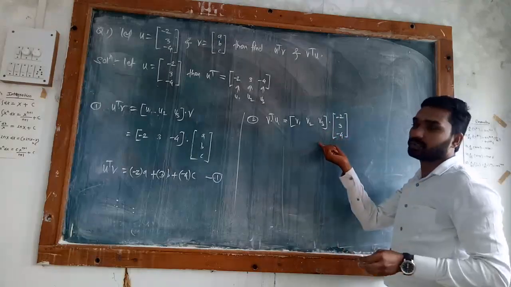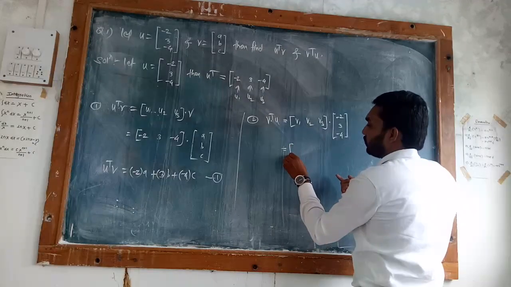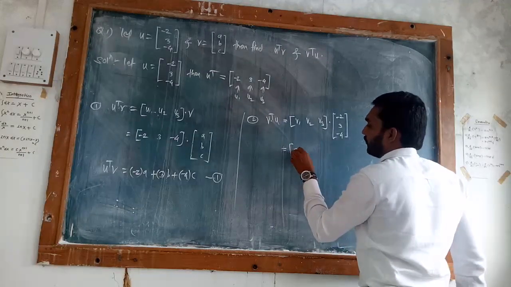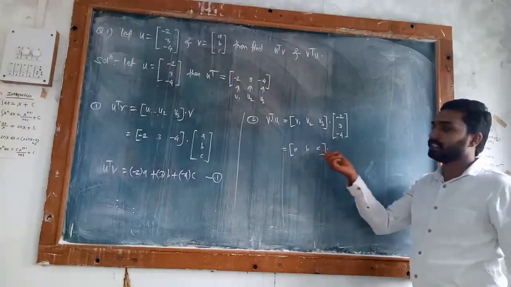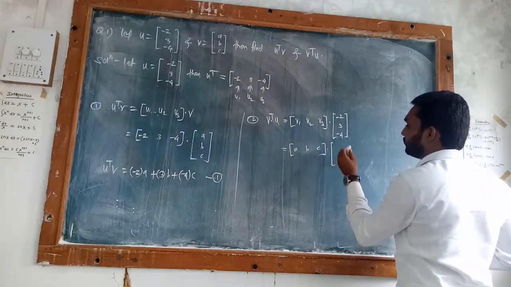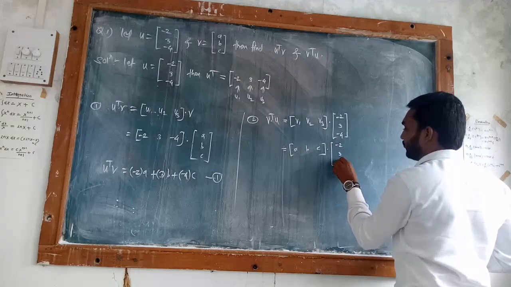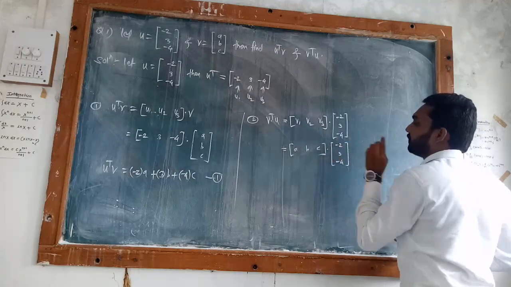Take its product. So v1 is A, then B and C. This is v1, v2, v3 into the u vector -2, 3, -4, and take its multiplication.